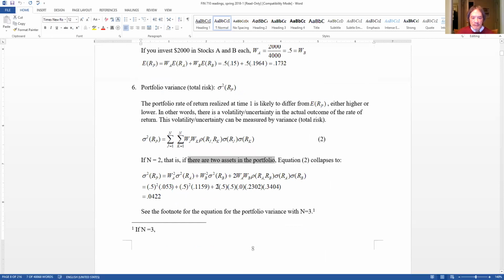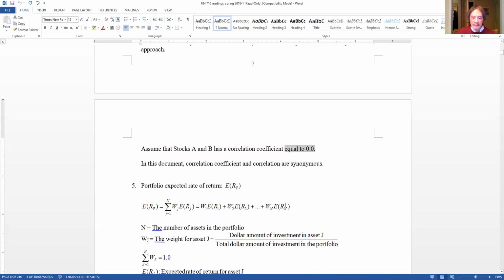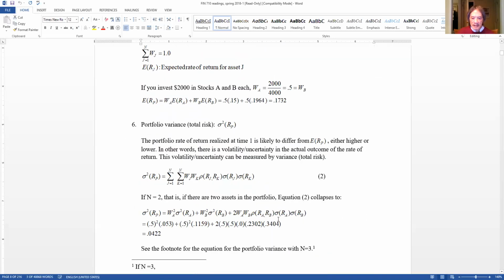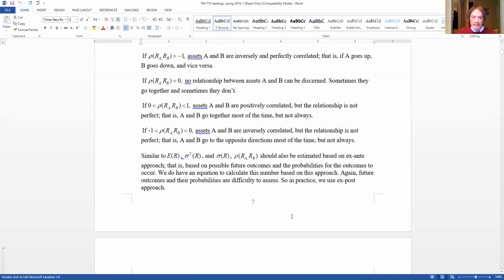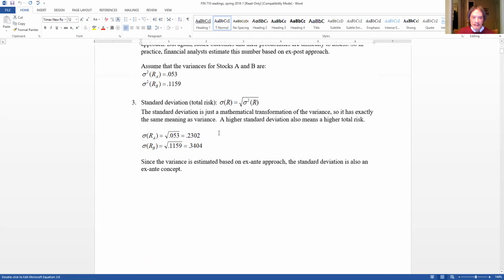Then we have 2, the weight for A, the weight for B. This is the correlation between A and B, and that is also given here. And this number is the standard deviation for A and the standard deviation for B. They are from here.